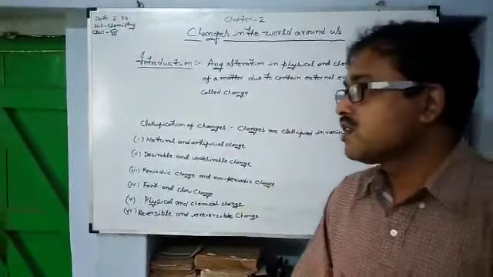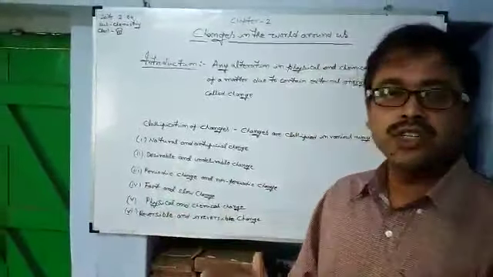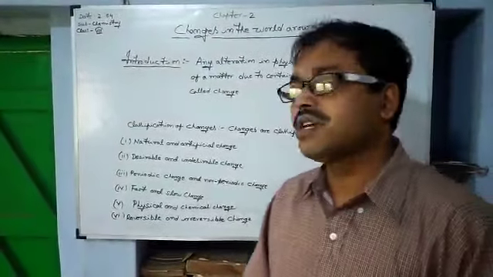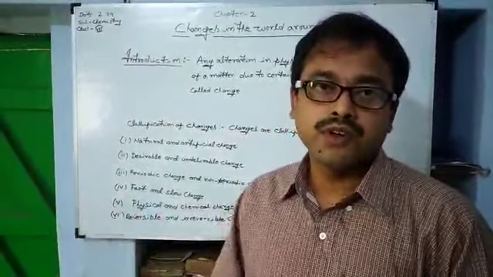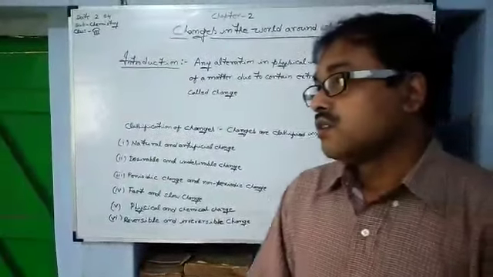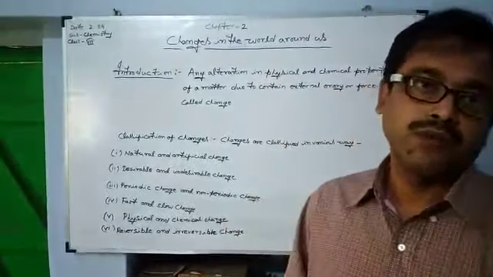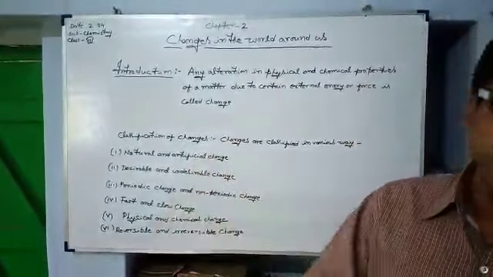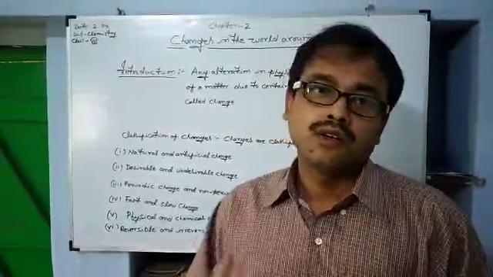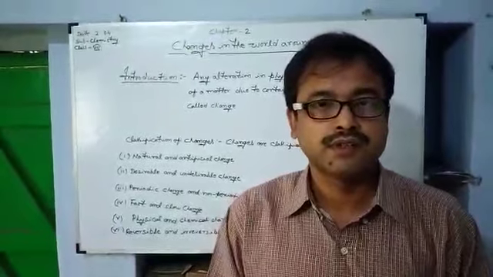There are some changes which can be reversed by changing the condition, and they are called reversible changes. For example, most of the physical changes are reversible changes. On the other hand, there are some changes which cannot be reversed back to their original or former forms even by changing the conditions, and they are called irreversible changes. Most of the chemical changes are irreversible changes.